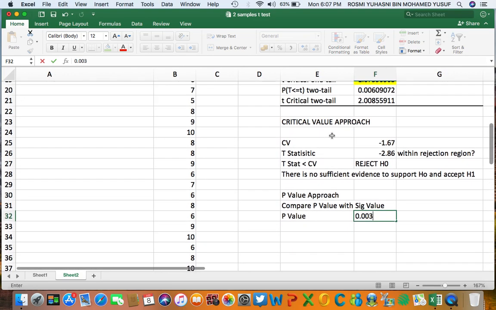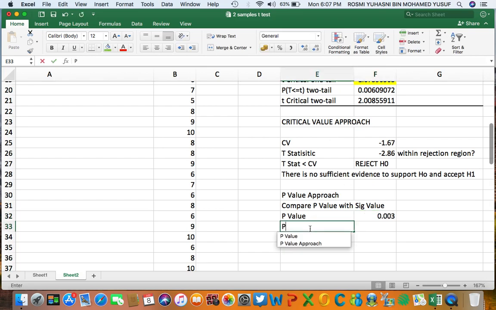So we can see that our p-value here is actually smaller than the alpha or significance value, 0.05.